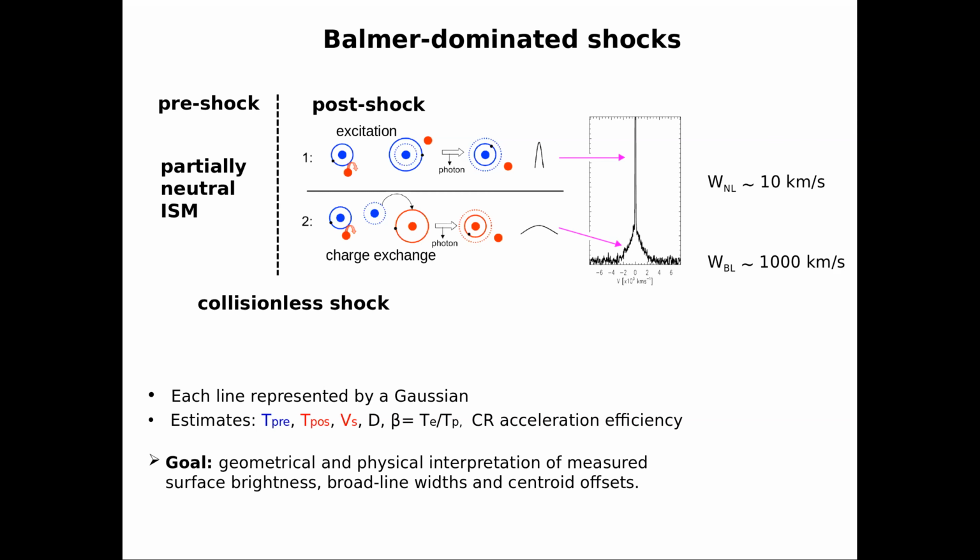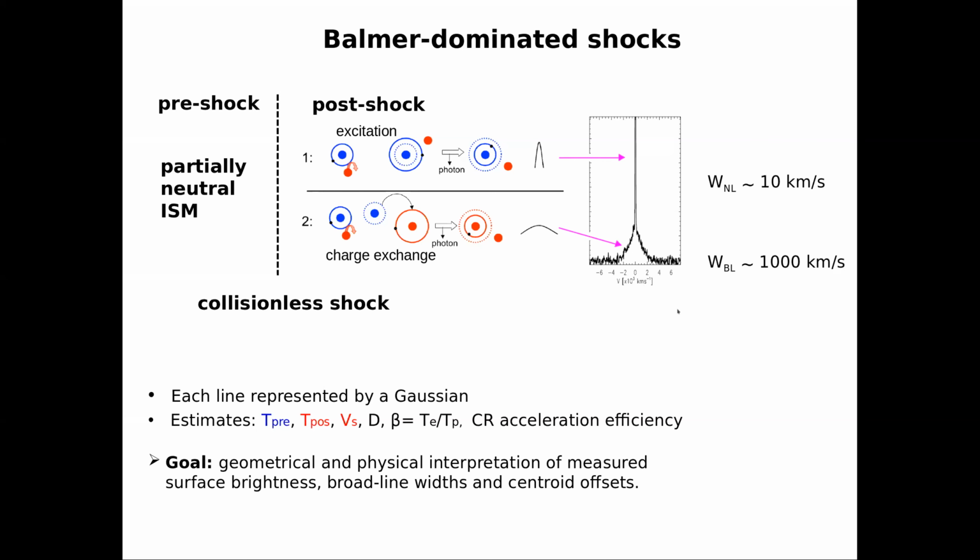We have a narrow component with a width of around 10 kilometers per second that is produced when cold neutrals, once overrun by the shock, are excited by hot protons from the post-shock, and a broad component with a width of the order of 1,000 kilometers per second produced when these cold neutrals go into a charge exchange process with post-shock protons.